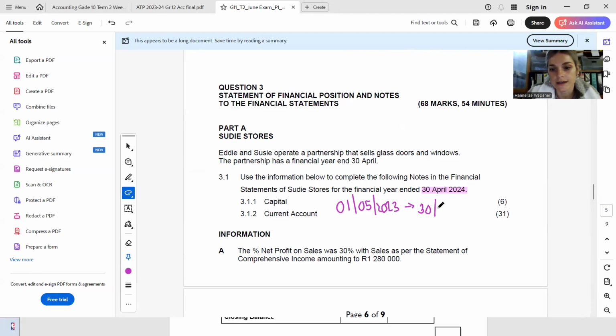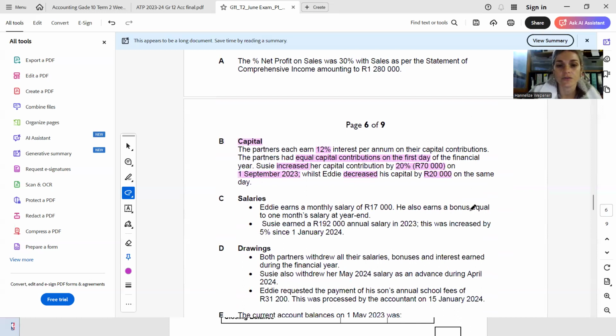So from the 1st of May 2023, they had the same capital balances up until the 31st of August 2023, because then on the 1st of September 2023, they changed their capital contributions. Okay, so that's your starting point.